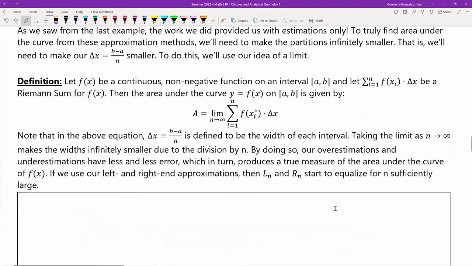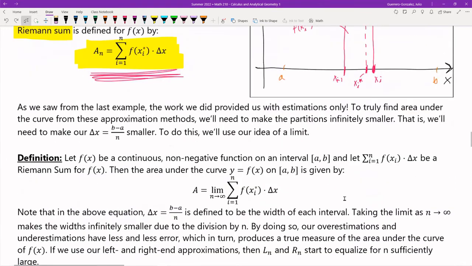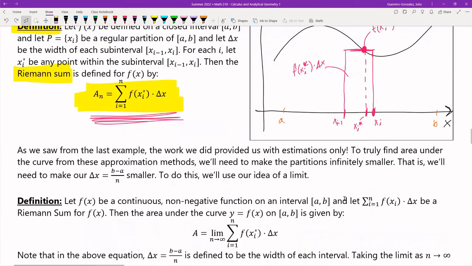So essentially, let me scroll back up here a little bit. There we go. Essentially what we can do is, what if we make these little subintervals right here smaller and smaller and smaller? That means our delta x is getting smaller and smaller, which means there's less of this going on.